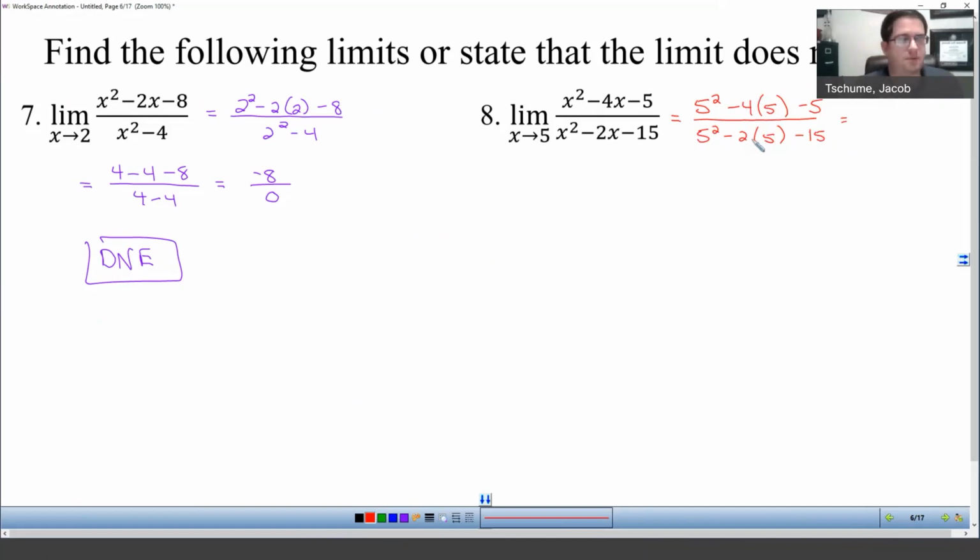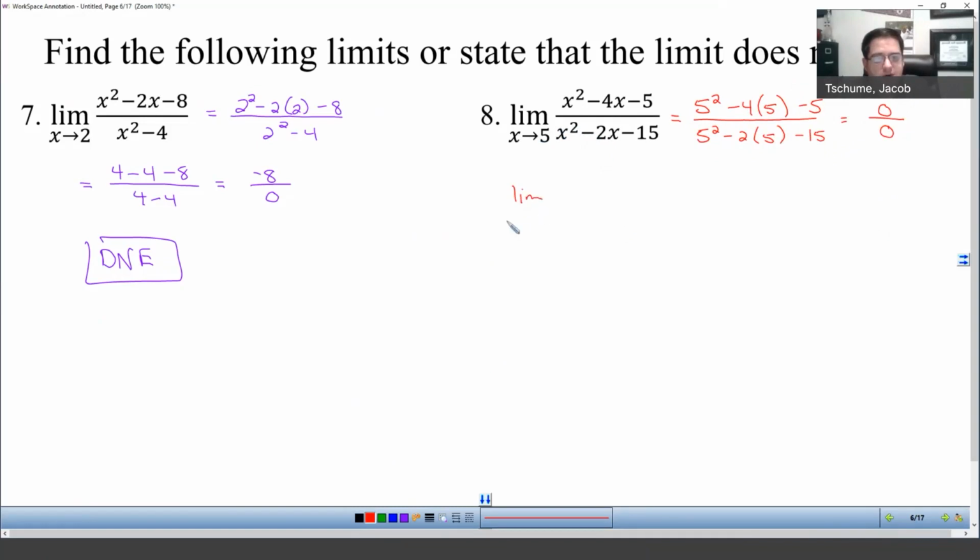And if you simplify the top and the bottom here, you're going to end up, for the first time in this video, with the fraction 0 over 0. Now, that is not an answer. You cannot stop here. What that is telling you is that the original problem should simplify in some way.